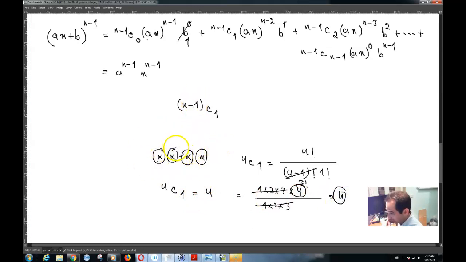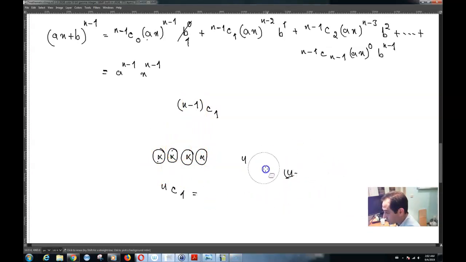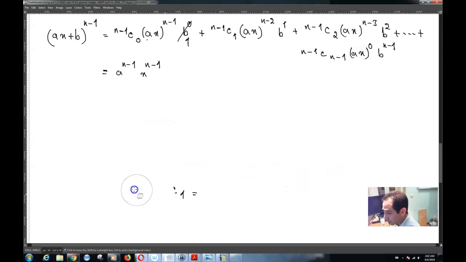Okay. And with the same logic, n minus 1 combination 1 would simply be equal to n minus 1. We can of course calculate this.